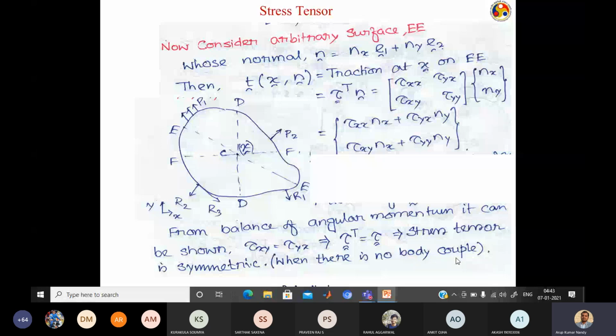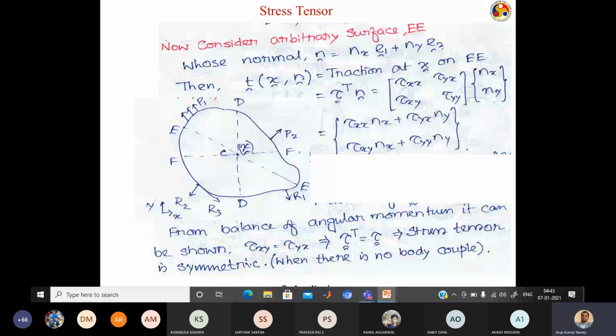Now, you know body force, that is, at every point, if there is some force, then that is called body force. For example, your gravitational force. Similarly, if there is some moment at every point, then that is body couple.